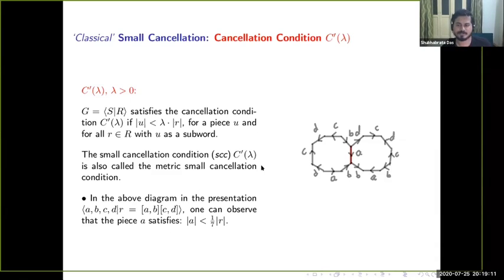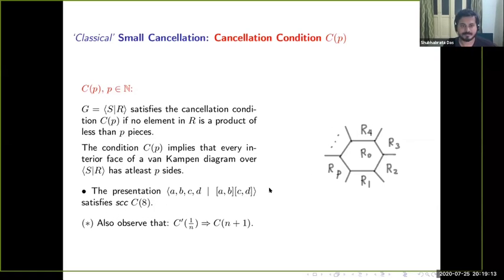This is known as the metric small cancellation. Now there is another small cancellation condition called C(p) for p a natural number. The definition says that the presentation satisfies small cancellation C(p) if no element in the set of relators is a product of fewer than p pieces.